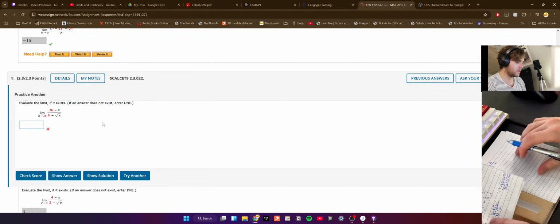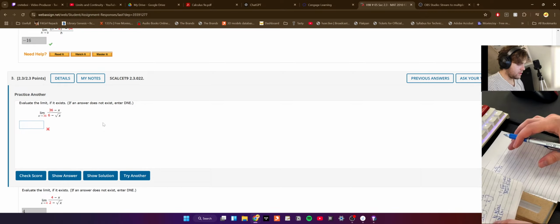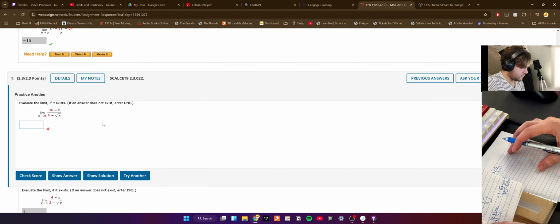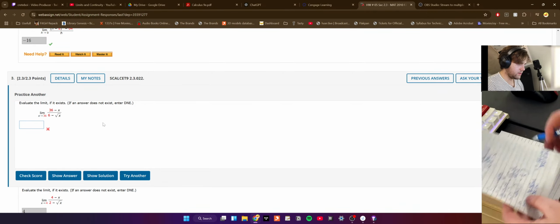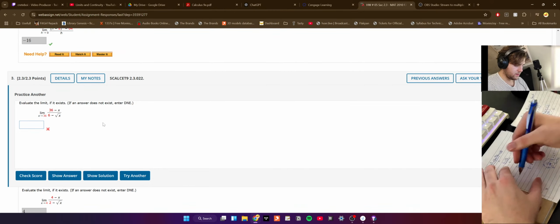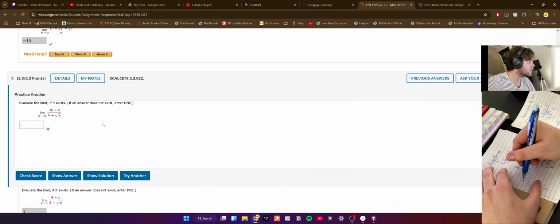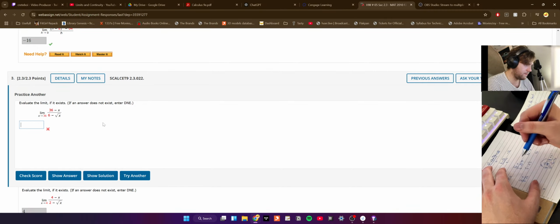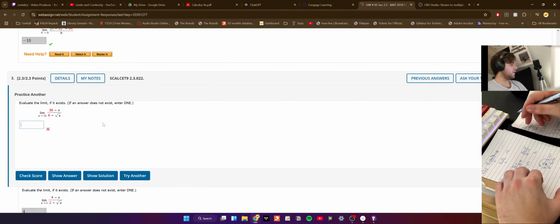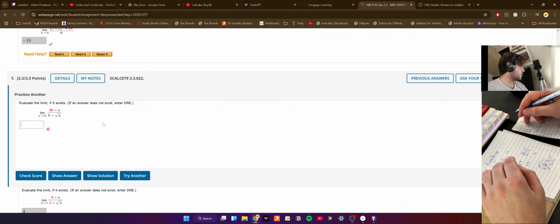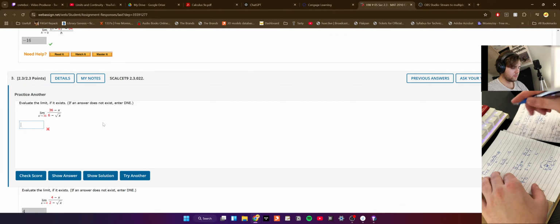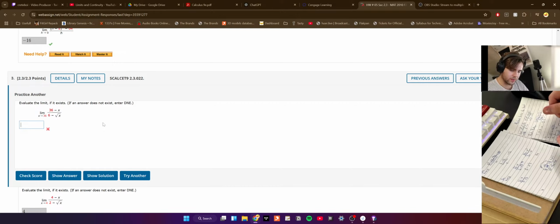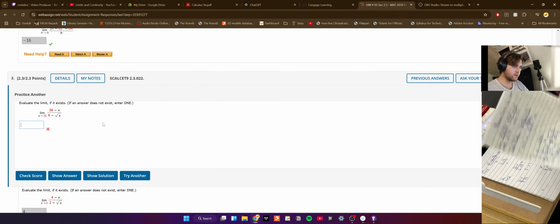Okay, so we can try that. We can try multiplying it by the portion with the square root. Let's go back here. 36 minus x over 6 minus the square root of x. I didn't see this multiplication sign in my notes, so I adjusted that.